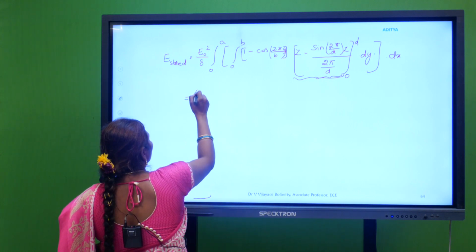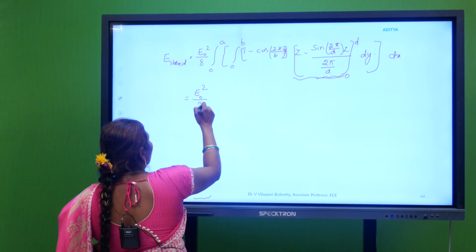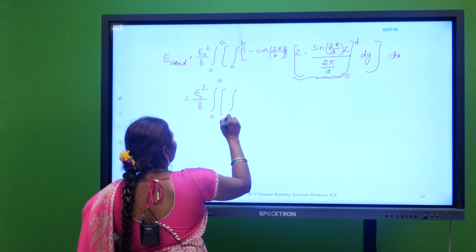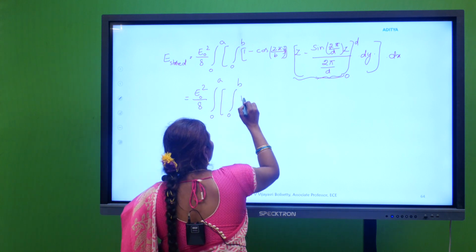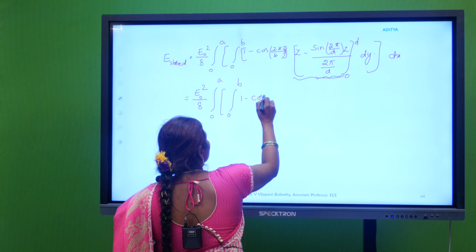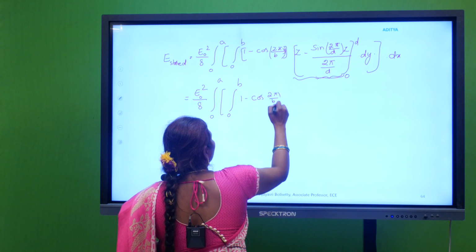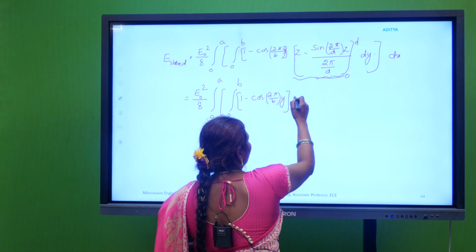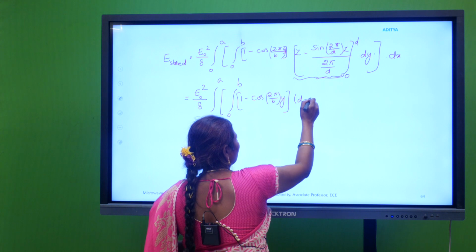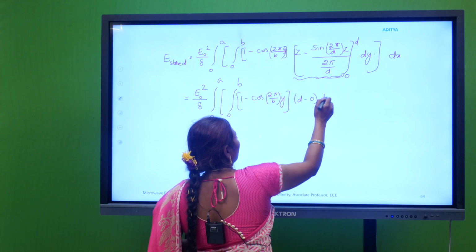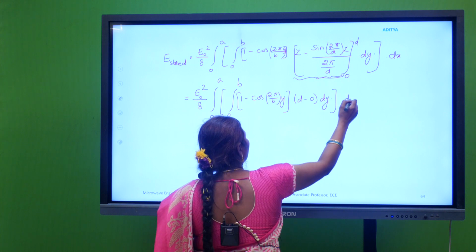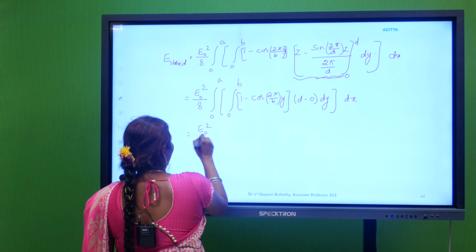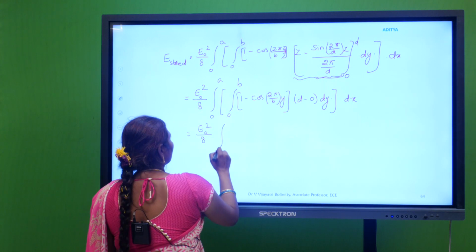So we get the energy stored is equal to E naught square by 8, integral 0 to a, integral 0 to b, 1 minus cos 2 pi by b y into d minus 0, dy dx. So this is E naught square by 8, integral 0 to a.